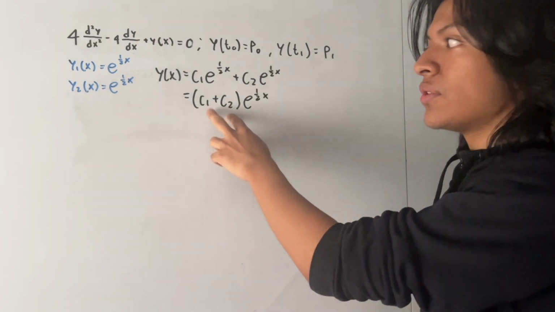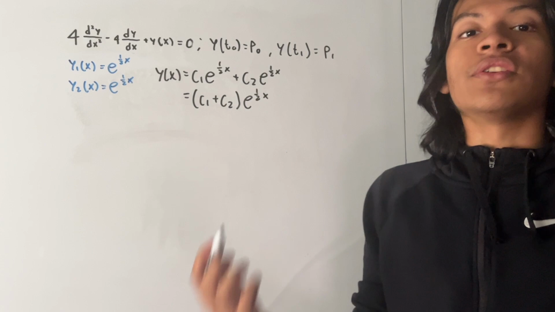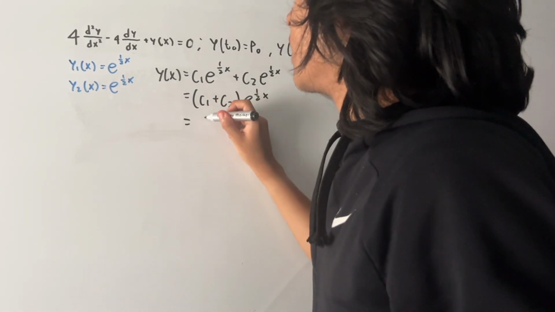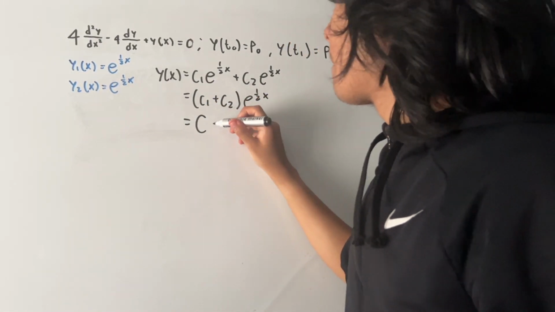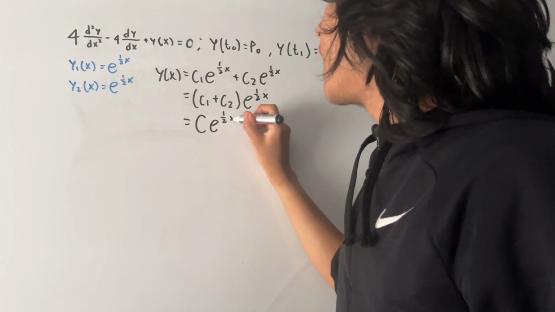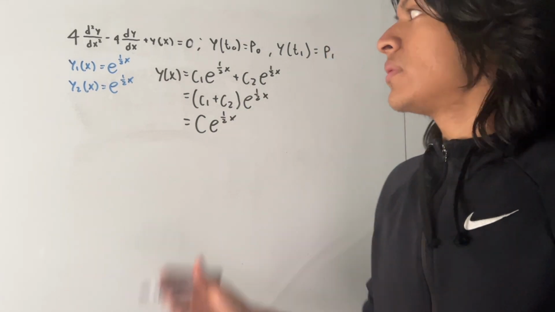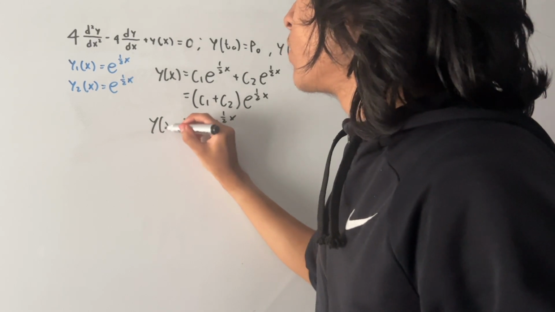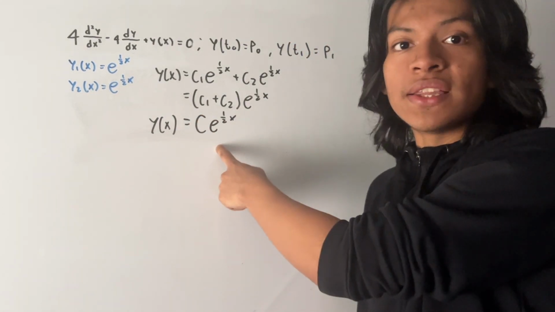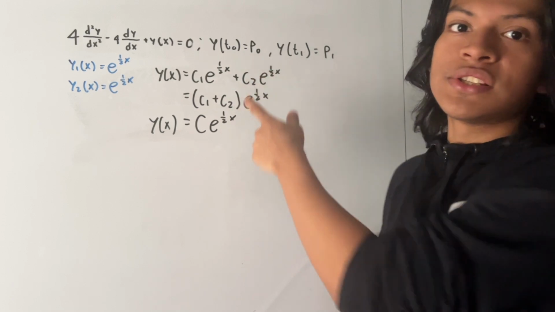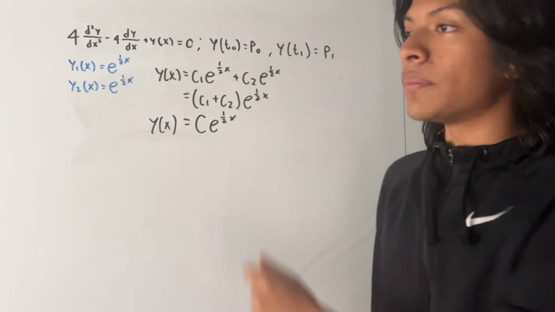And C1 plus C2 is just another constant, so I'm going to label it as C e to the 1/2 x. It turns out that if our general solution is in this form, we're not going to be able to solve this initial value problem.